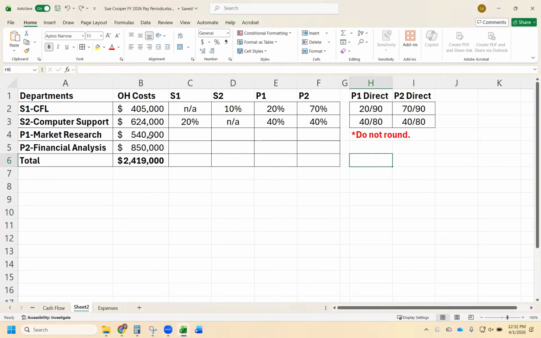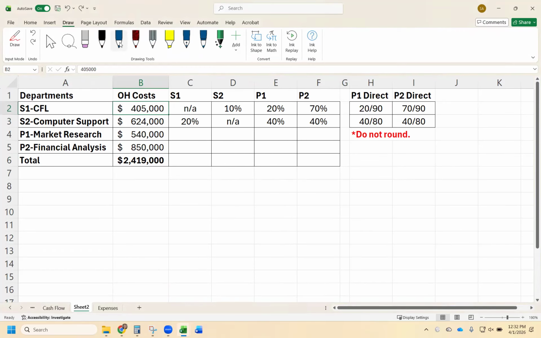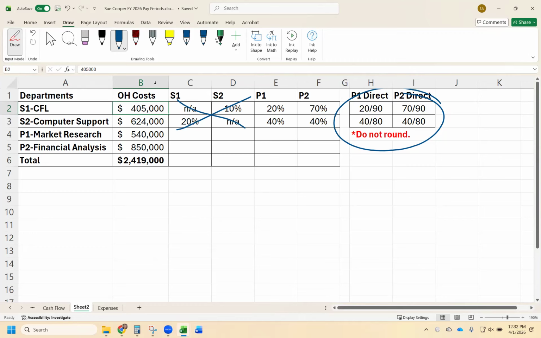All right. So the question is going to first ask us to do a direct allocation. So for the direct allocation, we don't need to worry about the service centers. We're just going to use these direct percentages. And so I'm going to write some formulas here so that I can allocate these numbers without the rounding.